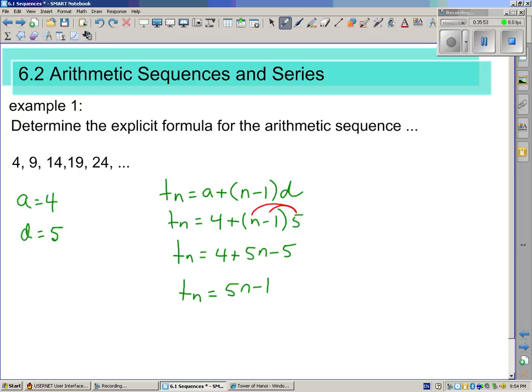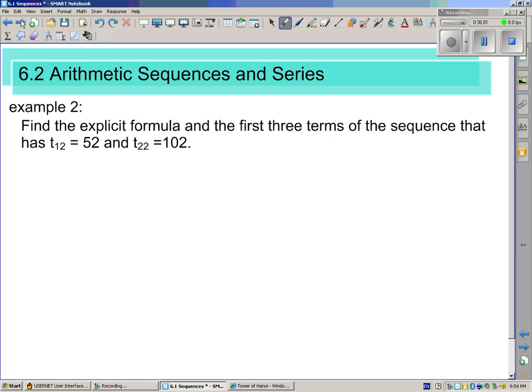I'm going to leave off with this example that we have. It's a doozy. Let's read it. It says, find the explicit formula and the first 3 terms of the sequence that tells me that if term number 12 is 52 and term number 22 is 102.